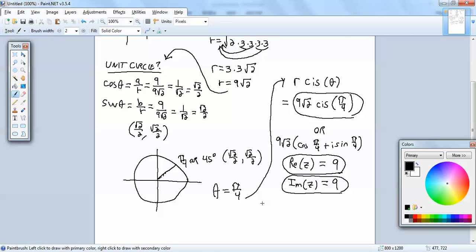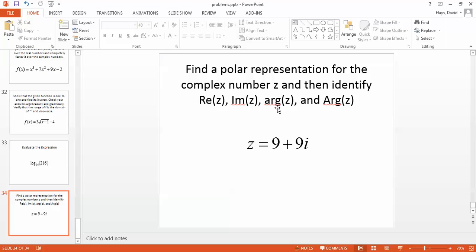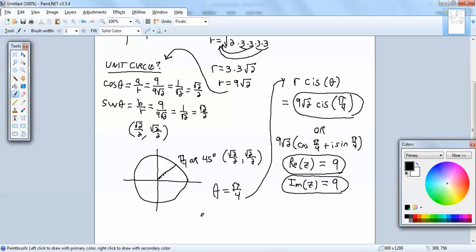And then they want the argument of Z. Now with this, you have this angle here, pi over 4. But if I start right here and I go all the way around the unit circle, add 2 pi, I'm back to where I started. And so there's an infinite number of representations of this.